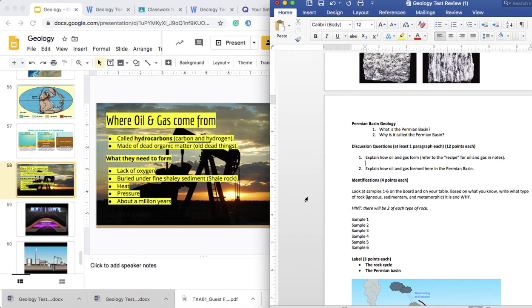So here's a sample response you can write. Oil and gas is created by dead organic matter, which basically means old dead things, okay? Usually marine life.